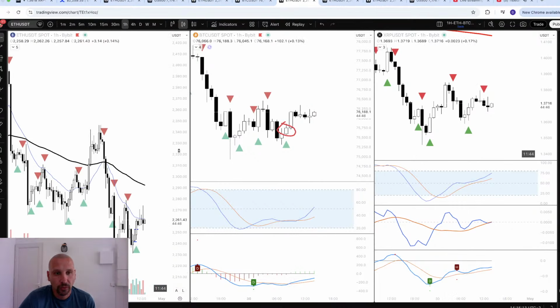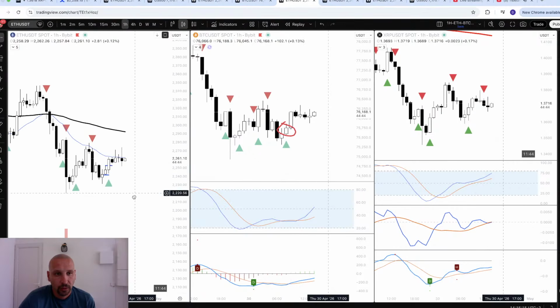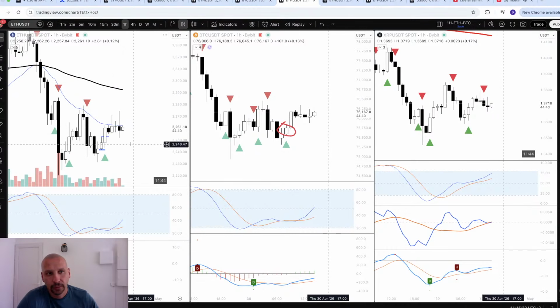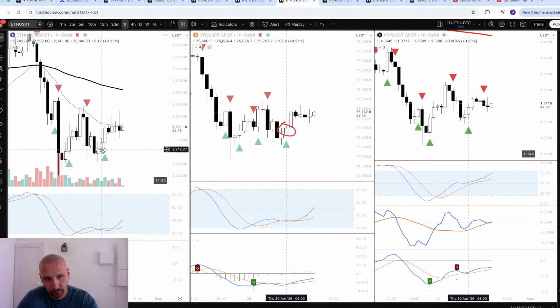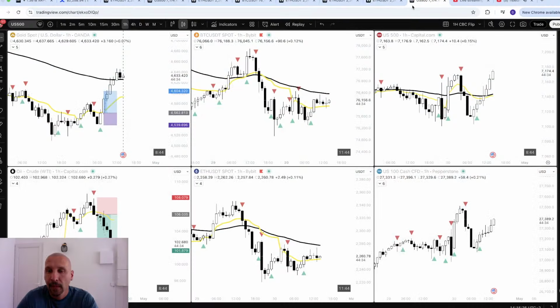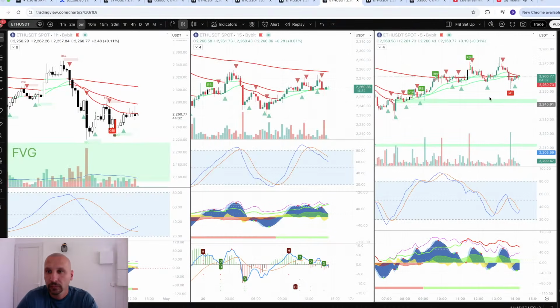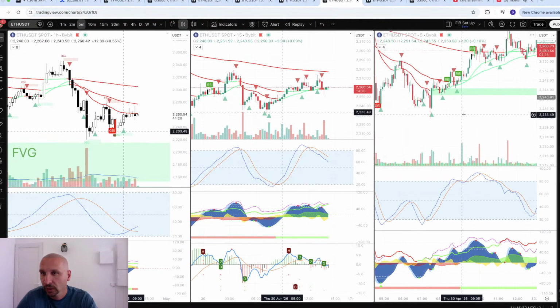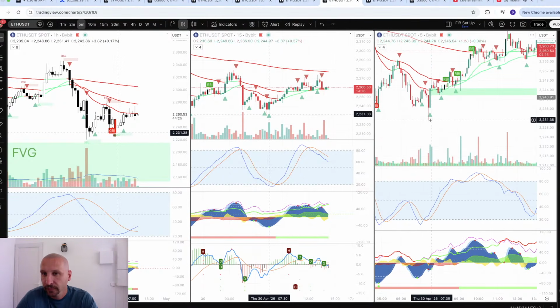I want you guys to learn something today. I will show you the fair value gaps on this move. I have it here. Look at this fair value gap. You see that?